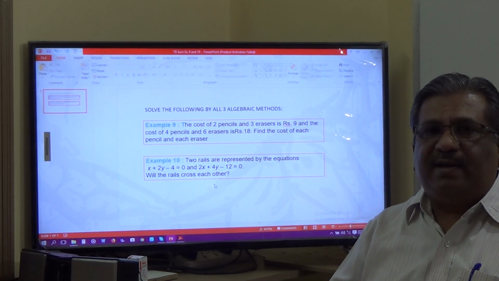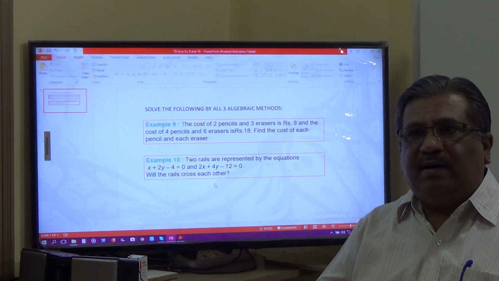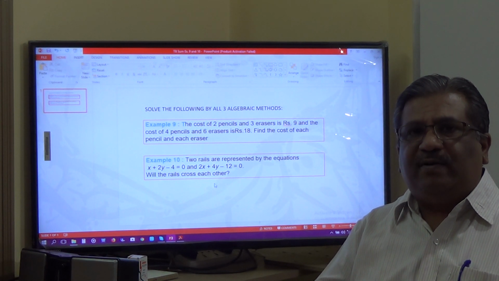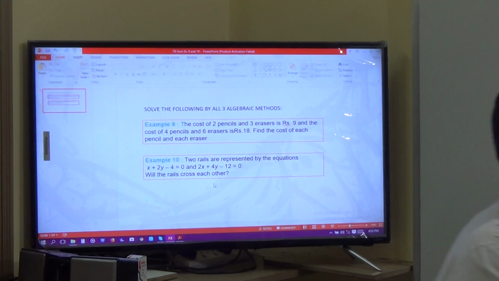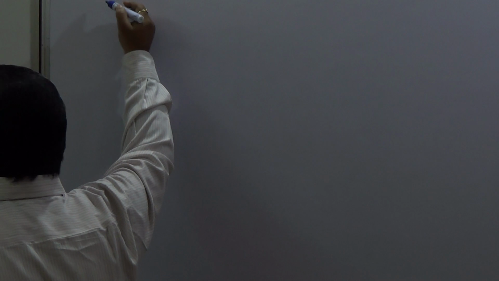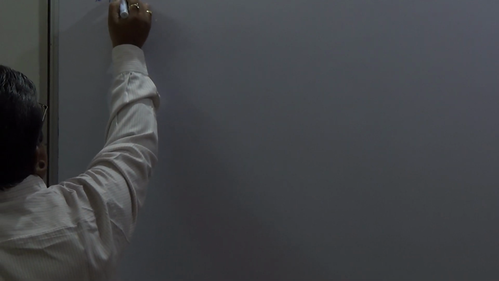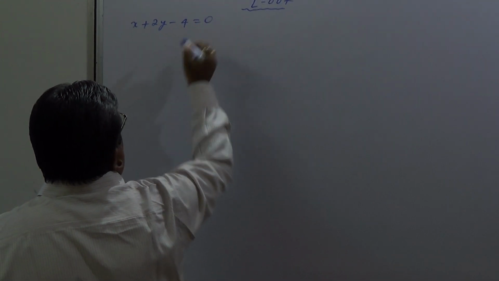Let us solve it by substitution method and see what kind of solutions we get. Okay. So the given equations are x plus 2y minus 4 equals 0.